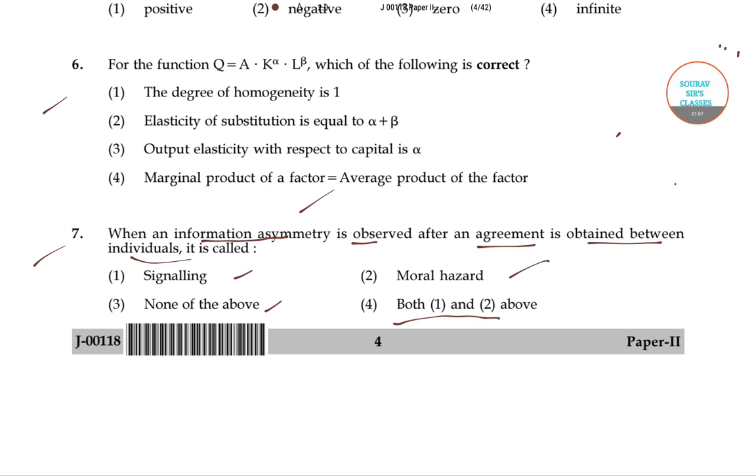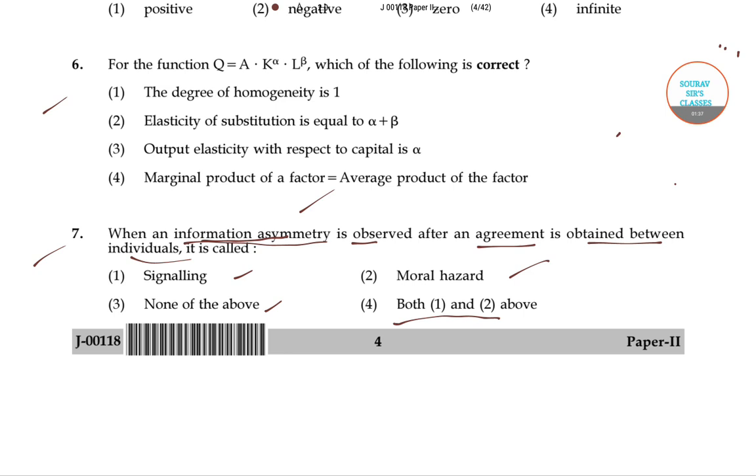So information asymmetry basically means one party has greater material knowledge than the other party. Now we have understood the concept of information asymmetry, and then we will come to the meaning of signaling.